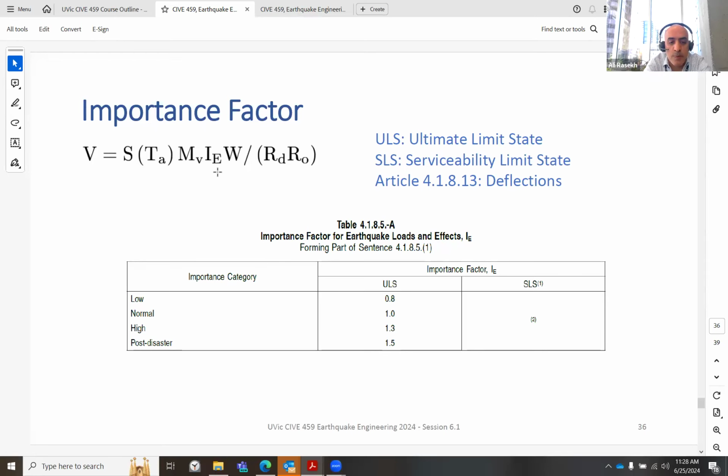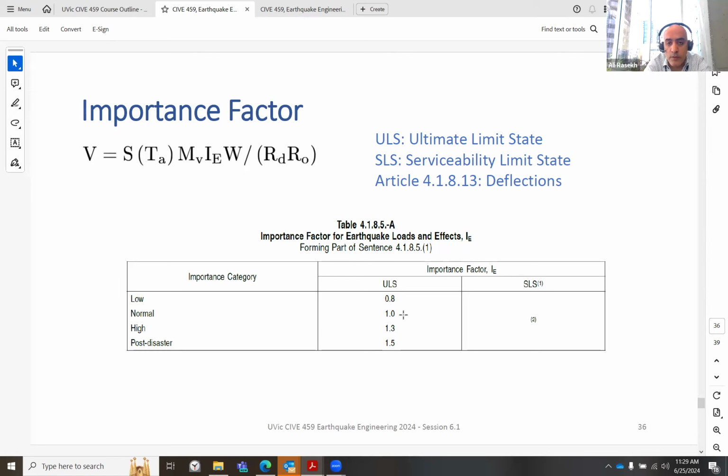Importance factor. The importance factor is put in there so that when there is a structure with low importance, you use a smaller load, you reduce the base shear. And when you have a structure with high importance or post-disaster, you increase the factor, you increase the base shear accordingly.